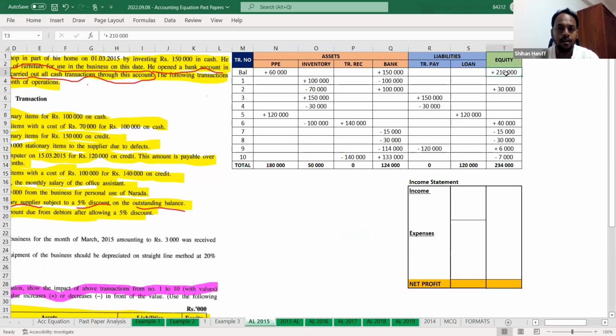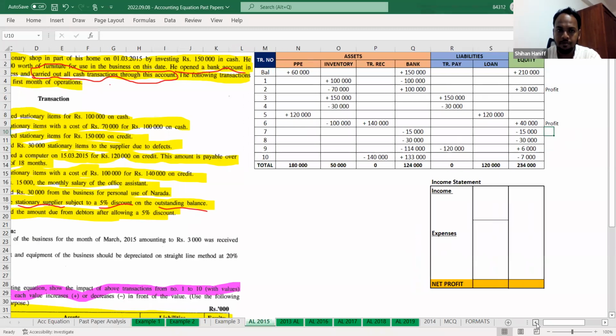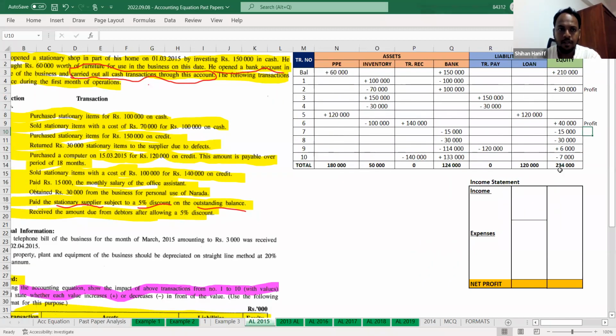So the first one is not an income, it is an investment. 30,000, this is sales, the profit. Profit from the sales. It's 40,000. What is this 40,000? Which is 100,000 worth of stock sold for 140. That is also profit. 15,000. This 15,000 is transaction number 7.